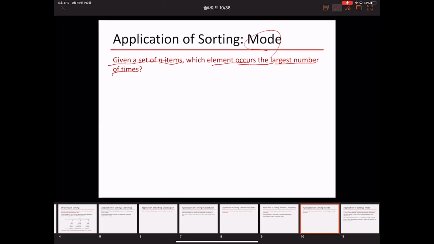Okay, let's give Yuha a chance. I think I'm going to use the dictionary. Yes, and then just put all the numbers in. I think that'll take O(n). And then I'm just going to go from the start of the dictionary until the end and just find the largest max value. Okay, good try.